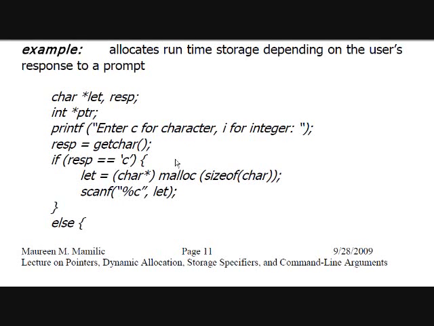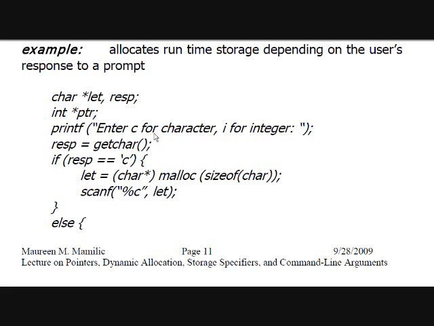So it is user dependent. The only way you would know is when you run this program and the user makes a choice. Here we declare variables: a pointer to char, which is letter, and response, which will hold the response of the user, and a pointer to an integer, which is ptr.